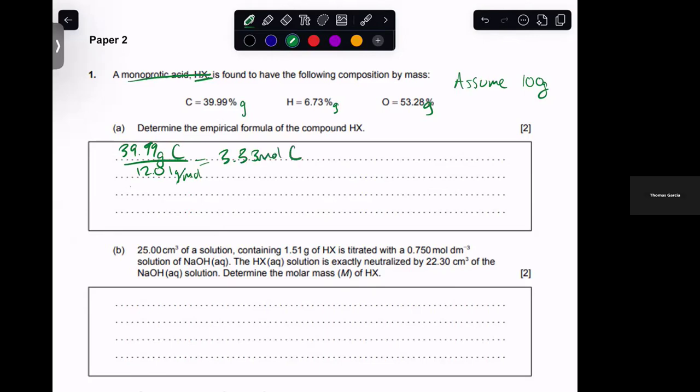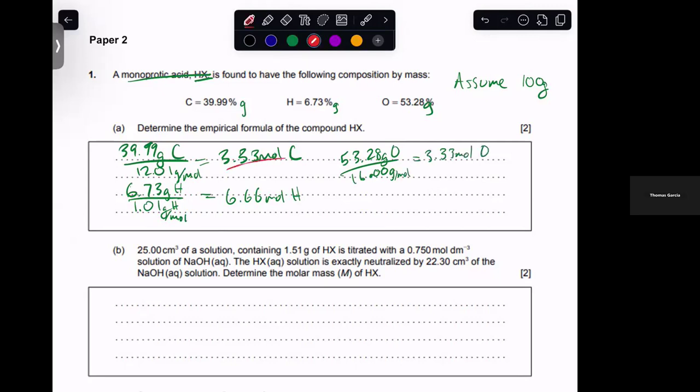C. We'll take our next one, 6.73 grams hydrogen divided by 1.01 grams per mole hydrogen, which gives me 6.66 mole hydrogen. Lastly, oxygen, 53.28 grams oxygen divided by 16.00 grams per mole gives me 3.33 mole oxygen.